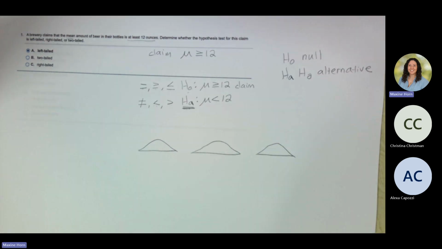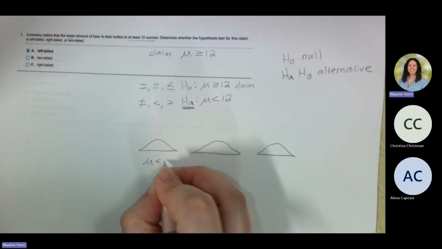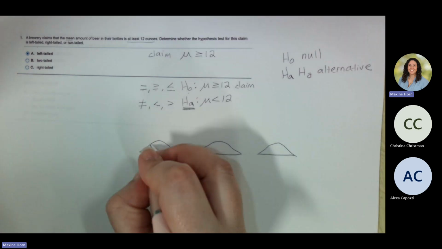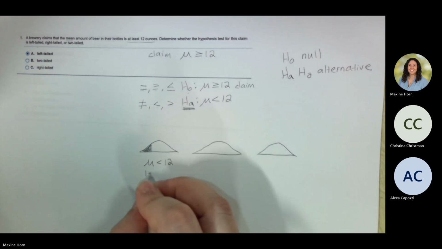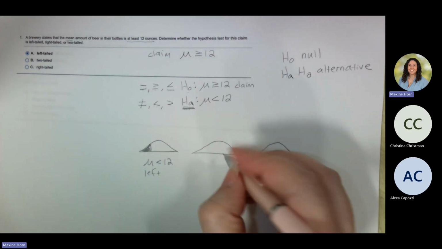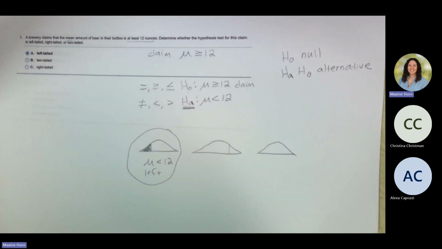Okay, if we are less than something, then that is a left-tailed hypothesis. Left-tailed, less than, which by the way is what this is, right?